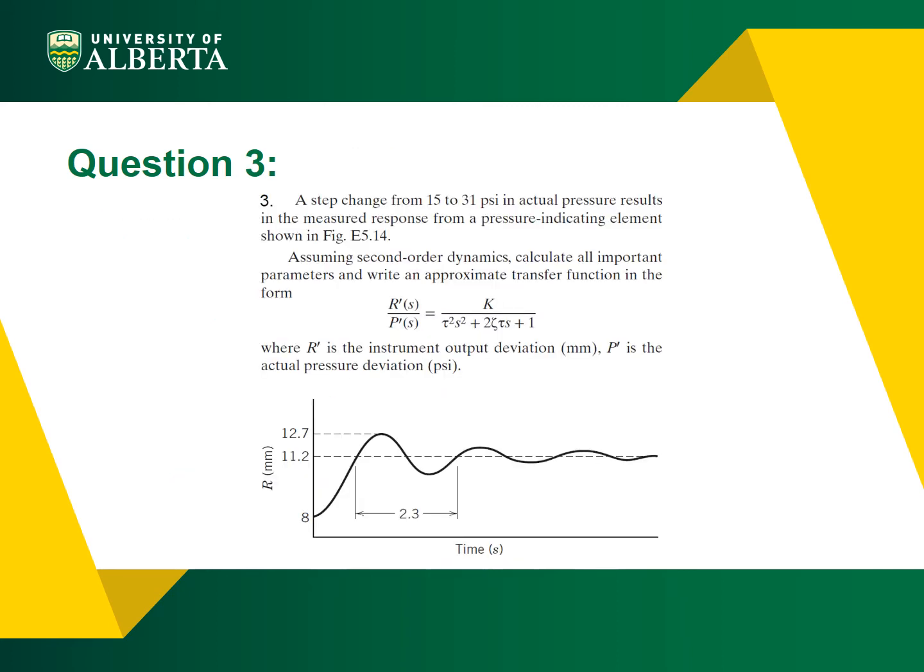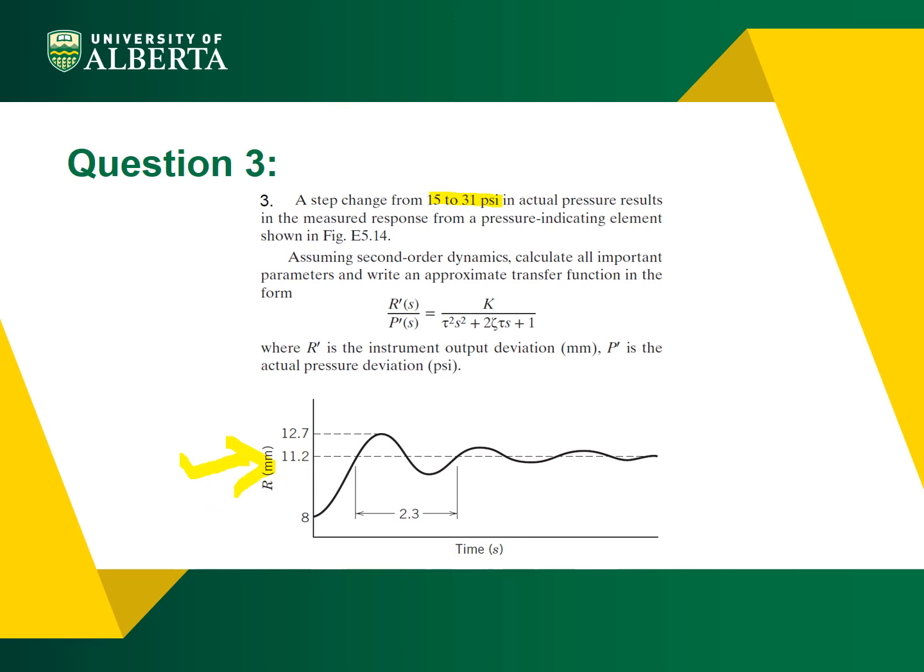Now let's go to question 3. So let me choose the highlighter. A step change from 15 to 31 psi pressure units, pounds per square inch, results in a measured response, and the response has been given here. This is the response.